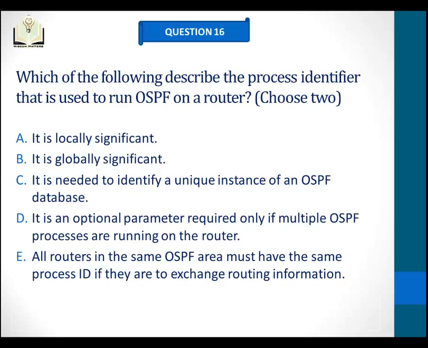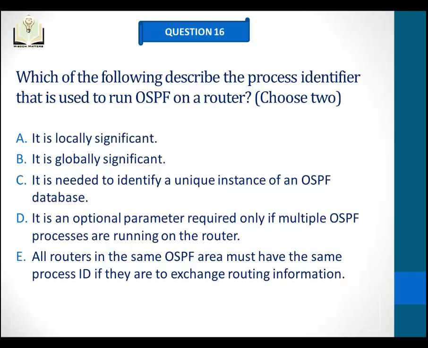Question number 16. Which of the following describe the process identifier that is used to run OSPF on a router? Choose 2. A. It is locally significant. B. It is globally significant. C. It is needed to identify a unique instance of an OSPF database.